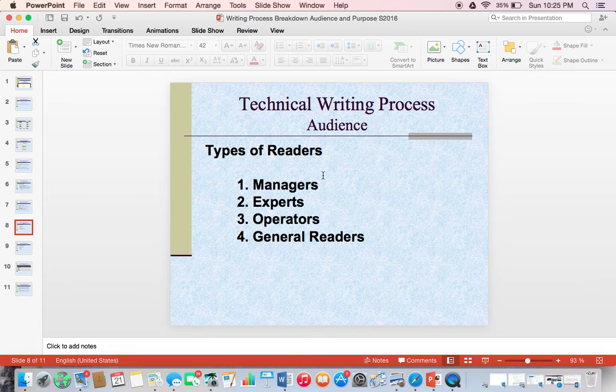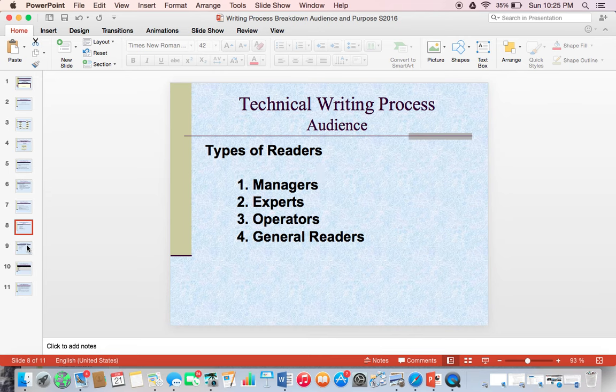So for a manager to make a decision, especially if they're a decision maker, you need to provide them with lots of background information. They might not have a lot of technical knowledge about what you're writing about, so you need to give them definitions of any technical terms they might encounter. Each audience, each reader will have different needs.